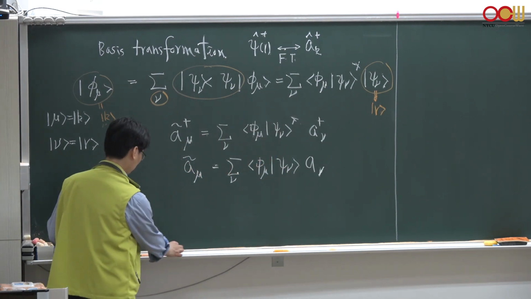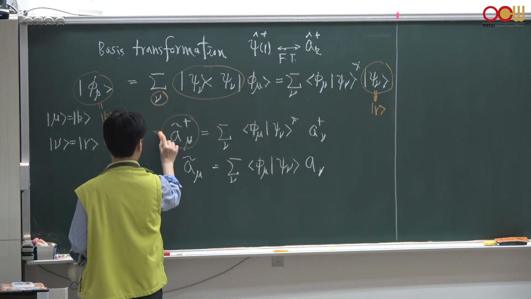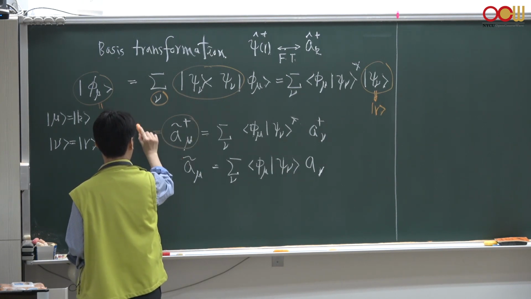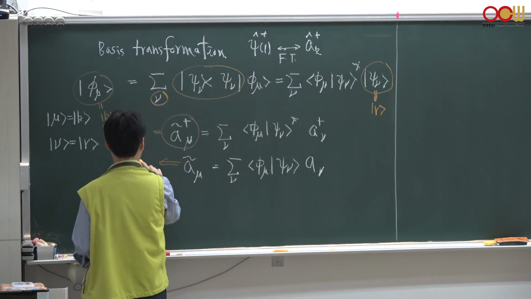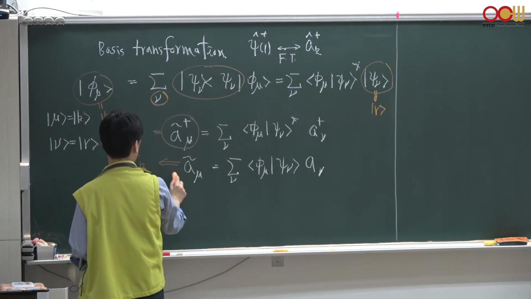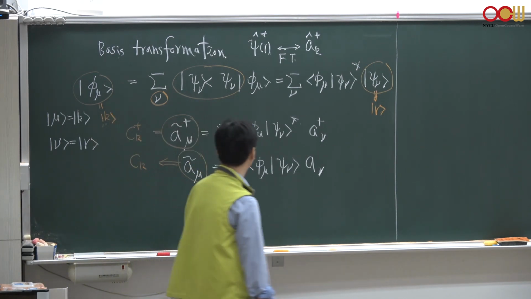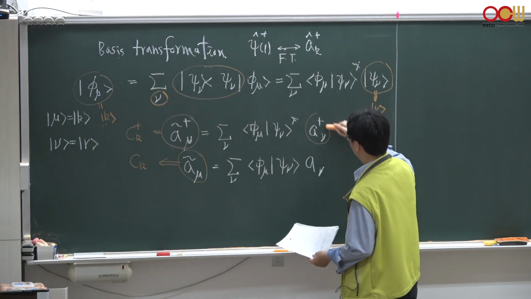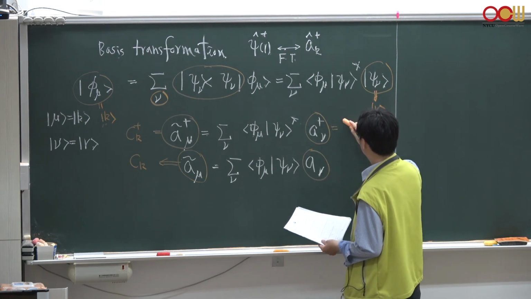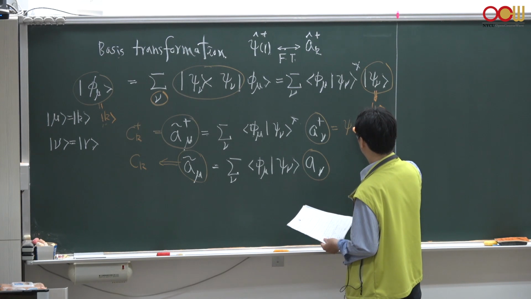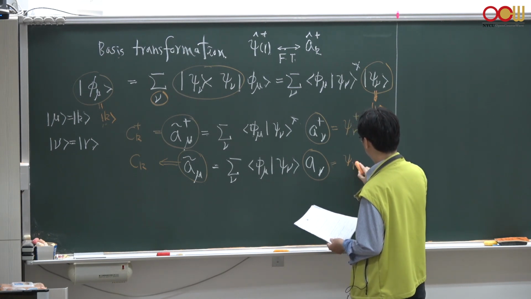Okay. So you could just call this C dagger k, and this is ck secretly. Don't tell anyone. Okay. And this is psi of r dagger, and this is psi of r.